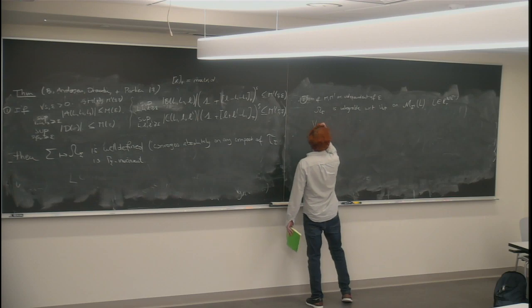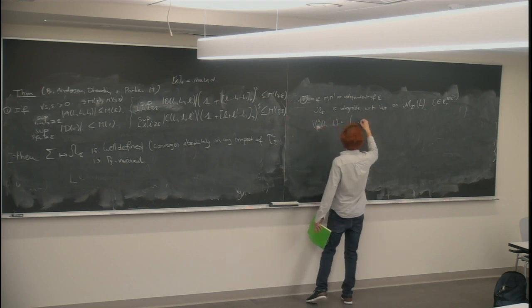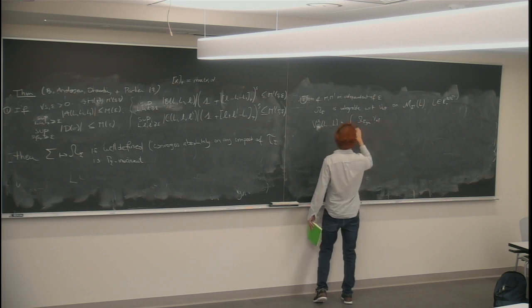So you can define V omega G n to be this integral for a surface of genus G with n boundaries. Again, this Weil-Petersson volume form.